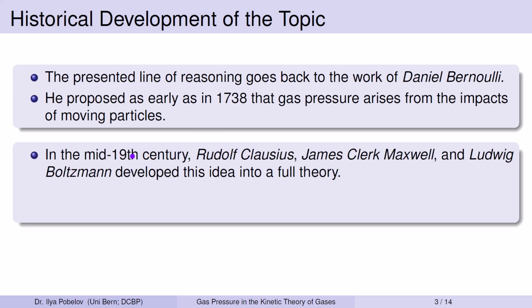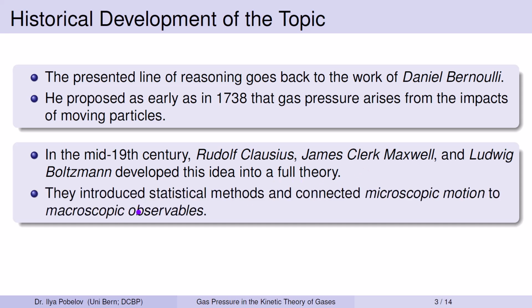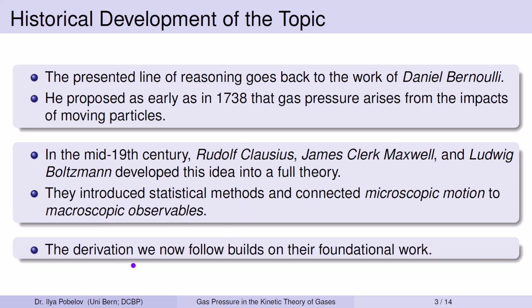Later, in the mid-19th century, Rudolf Clausius, James Clerk Maxwell, and Ludwig Boltzmann developed this idea into a full theory. They introduced statistical methods and connected microscopic motion to macroscopic observables. The derivation we now follow builds on their foundational work.